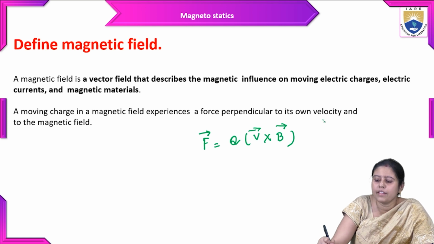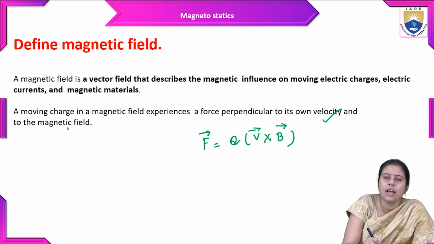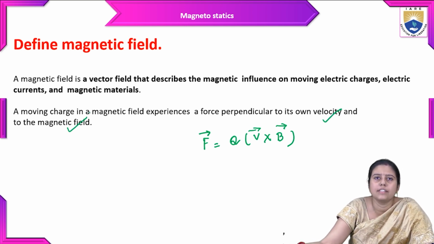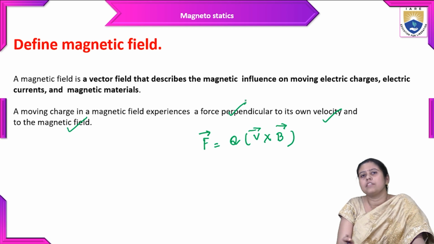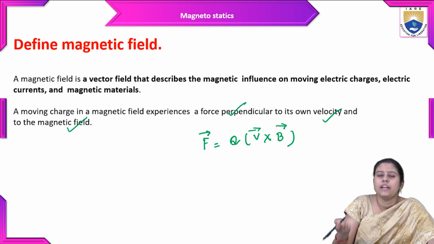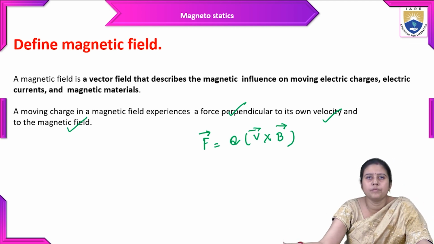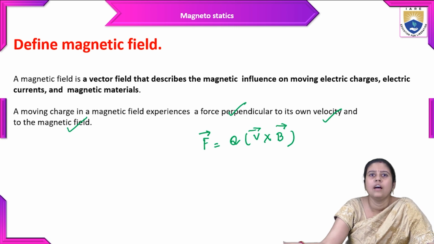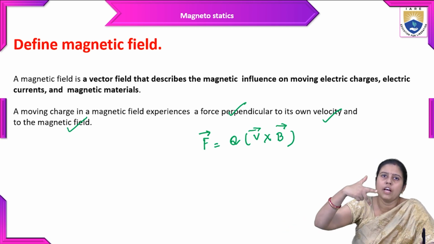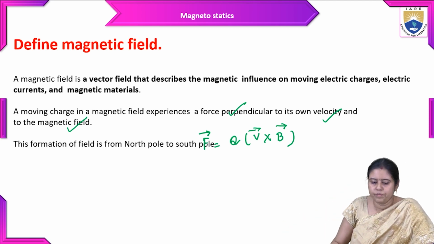V is the velocity and B is the magnetic field flux density. The direction of F will always be perpendicular because it is a cross product, and as we discussed in my last video, for a cross product the resultant direction is found using the right hand rule.